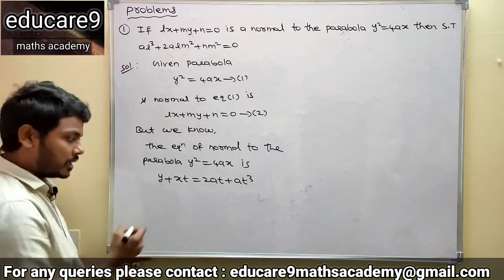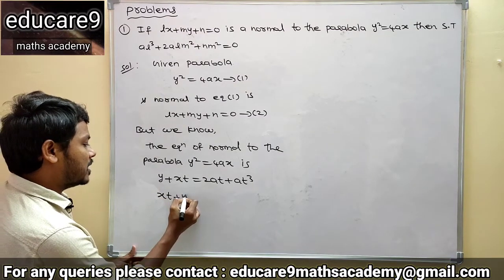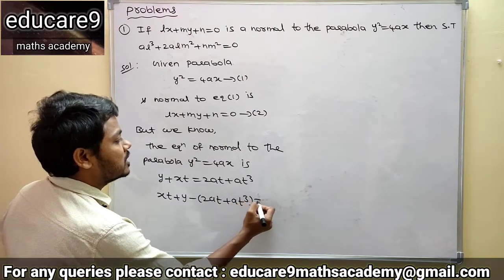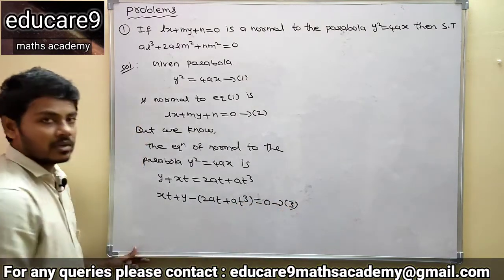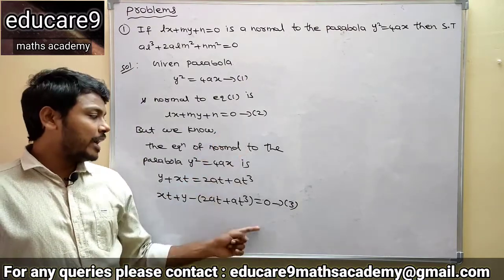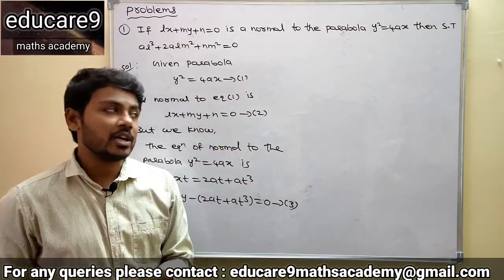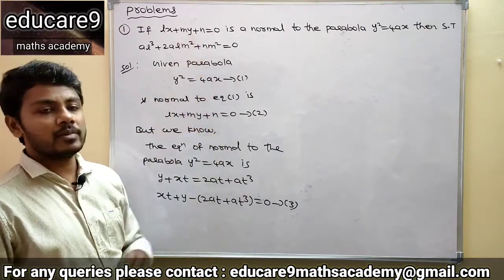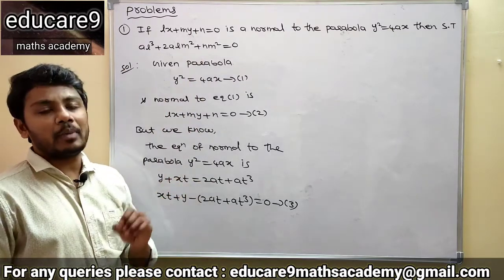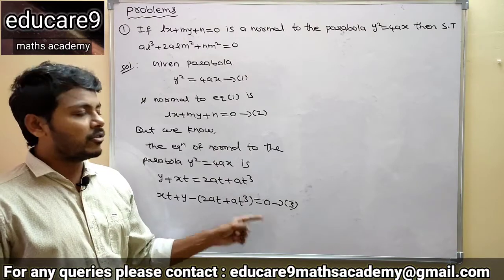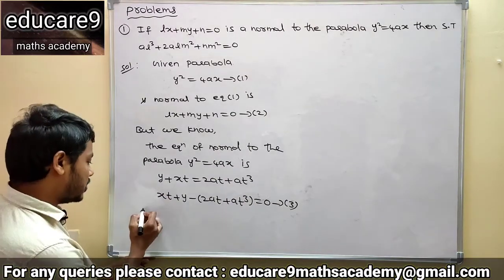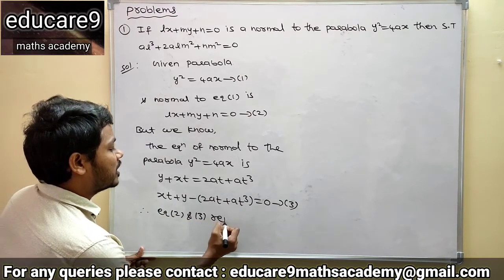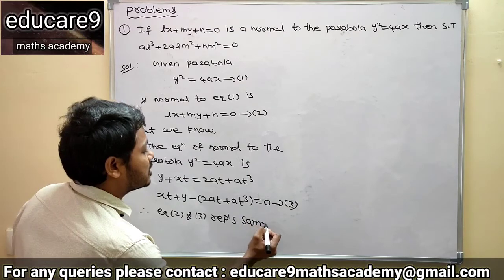Sending this to the left side, that becomes xt plus y minus of 2at plus atq is equals to 0. This is equation 3. So clearly both 2 and 3 represent the same line, because equation 2 is the normal of the given parabola, and this is the equation of the normal at the parametric point. Therefore equations 2 and 3 represent the same lines.